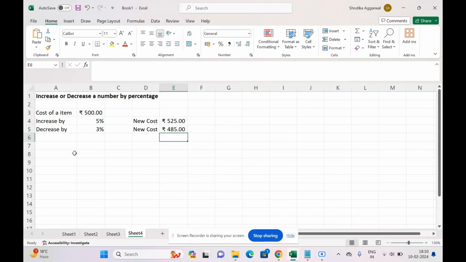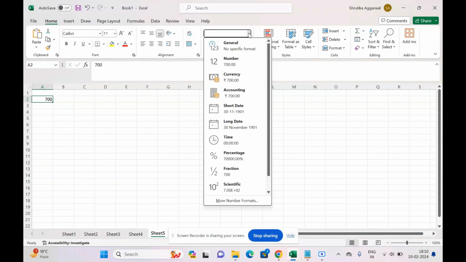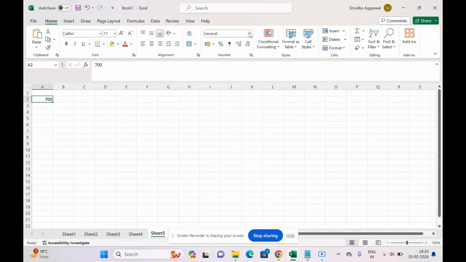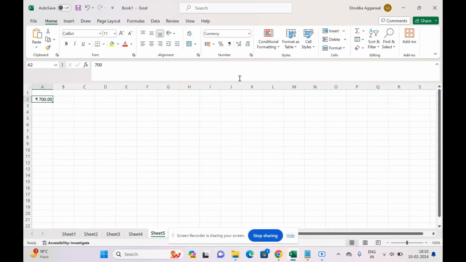One more thing I would like to mention is how to get the currency signs. Let's say I have a number, I'll use a different sheet, say 700. I enter this number. To have the currency sign, I go to this dropdown where it says General, and I select Currency.